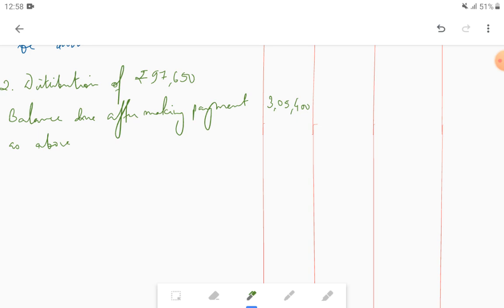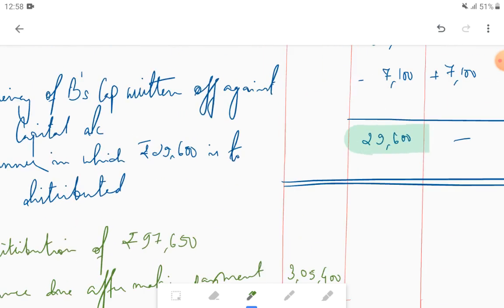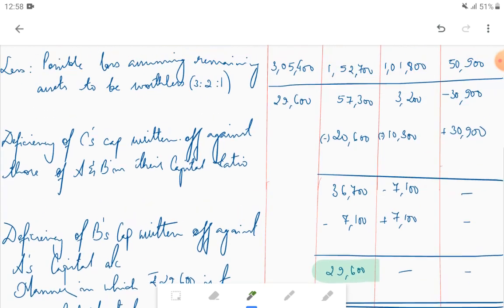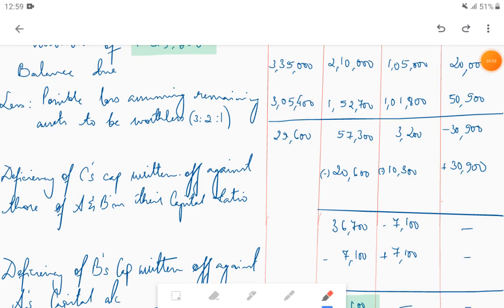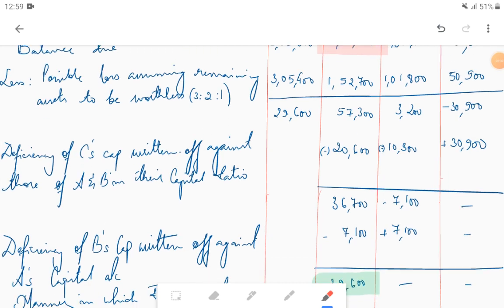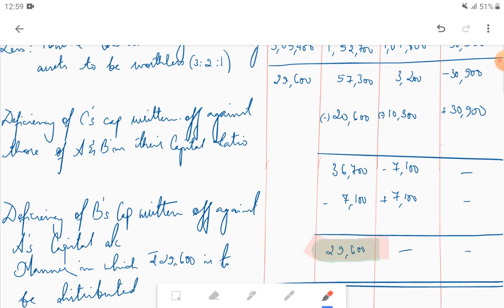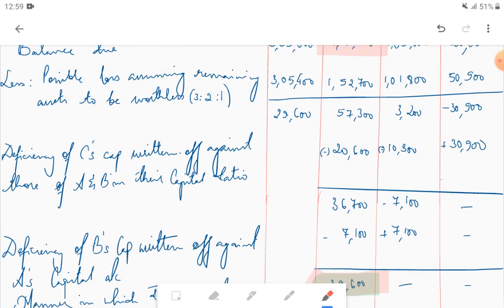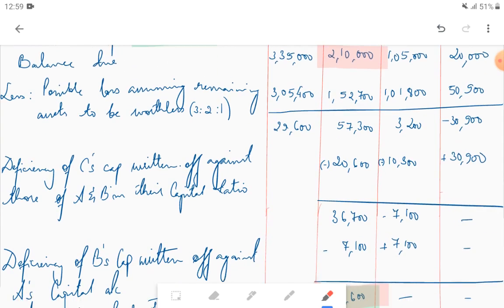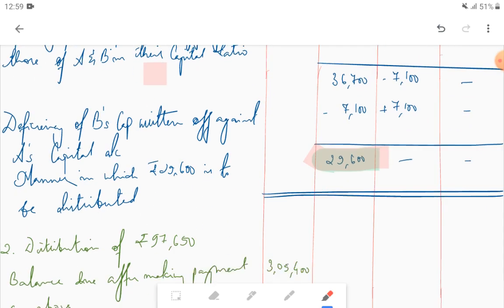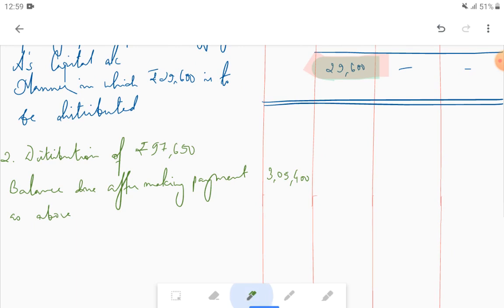So 2,10,000 is the original opening balance of partner A. Let's look at this table to get the figures correct. For partner A, 2,10,000, and he has already received this amount of 29,600. So 2,10,000 minus 29,600 will be the balance due in case of partner A. It should amount to rupees 1,80,400.